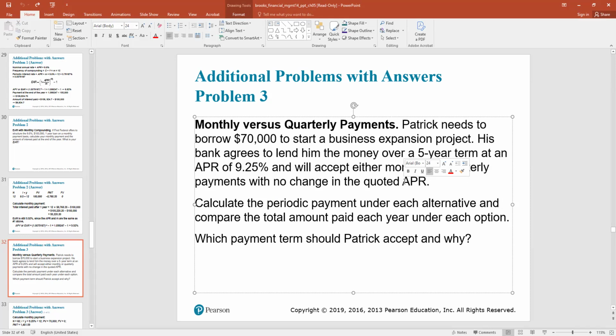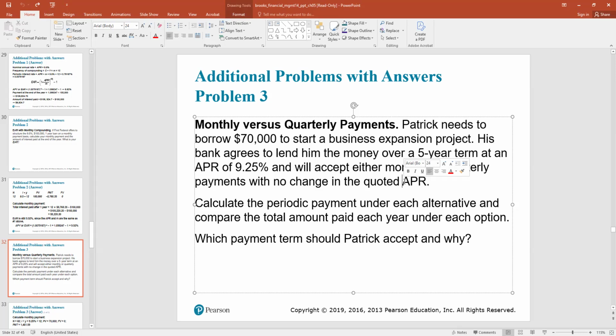They see the APR and rush to calculate the effective annual rate. No, don't do that. Read the question completely first. APR is just the annual percentage rate. It's just a yearly discount rate. It does not necessarily mean that you should go and calculate the effective annual rate.